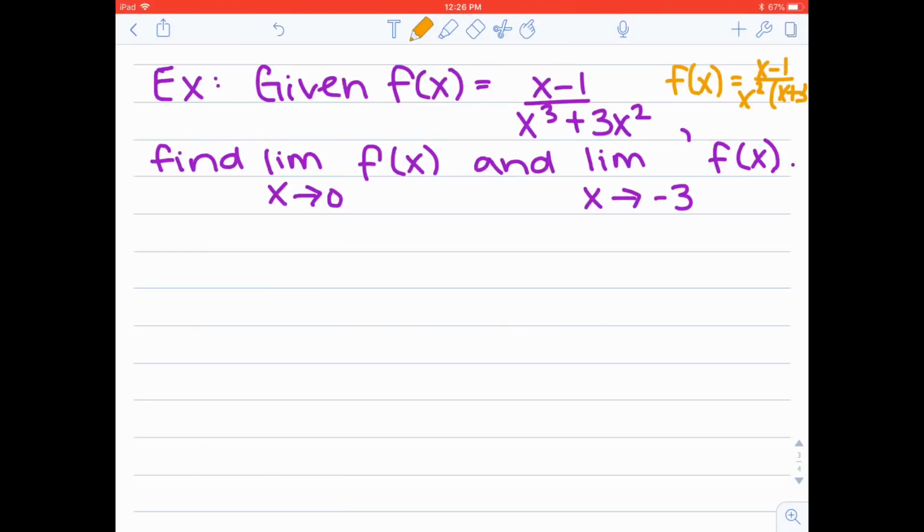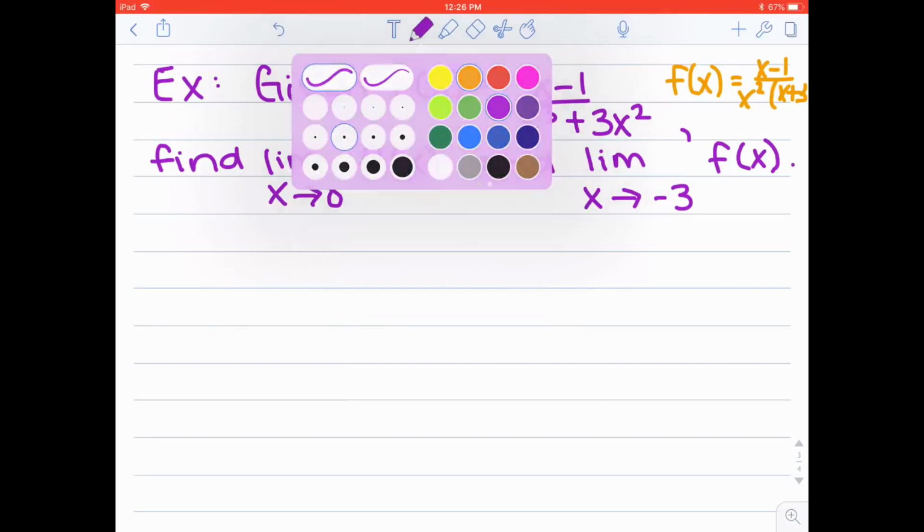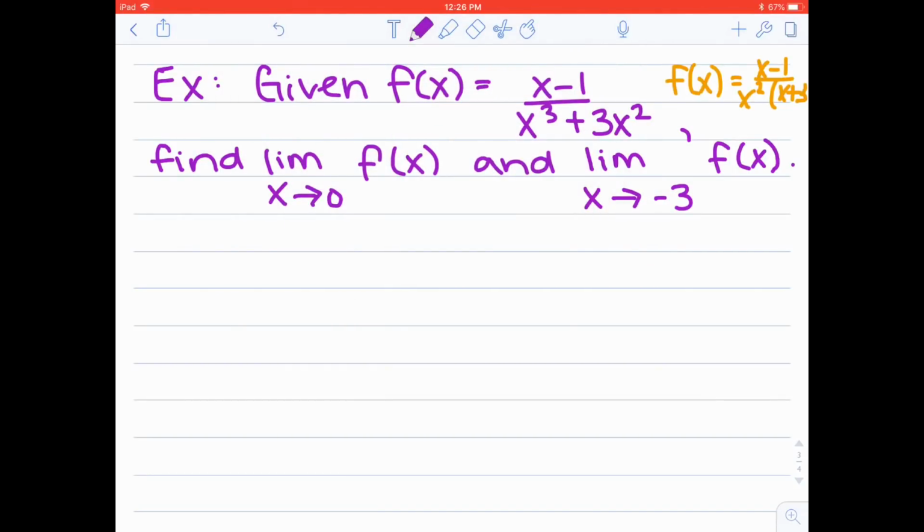So this is one of those situations where when we do this problem, we're going to go ahead and do it by finding the left hand limit and the right hand limit. So I'm going to say that first I'm going to do the limit as x approaches 0 from the left of x minus 1 over x squared times x plus 3.